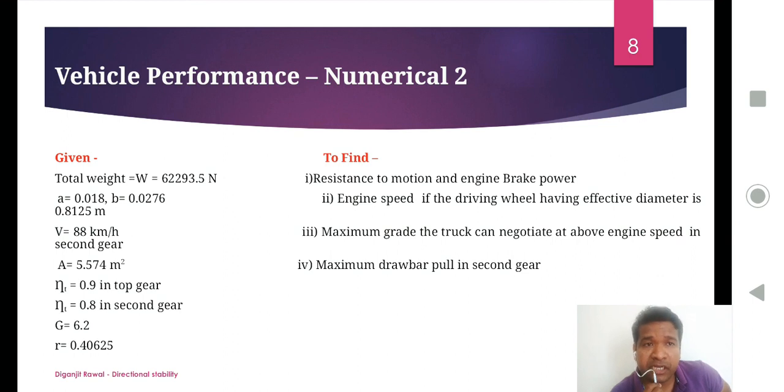Second, engine speed if the driving wheel having effective diameter is 0.8125 meter. Maximum grade the truck can negotiate at above engine speed in second gear, and maximum drawbar pull in second gear.